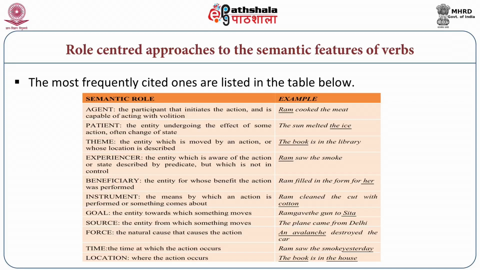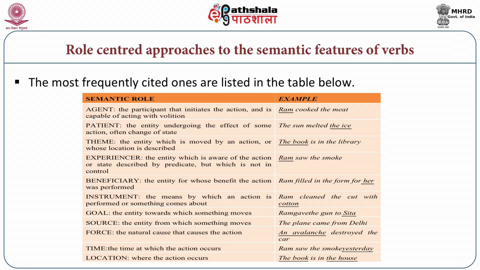Theme, the entity which is moved by an action, as in the book is in the library, or even whose location is being described. Experiencer, the entity which is aware of the action or state described by the predicate but which is not in control of it, such as in Ram saw the snake, where Ram is the experiencer.